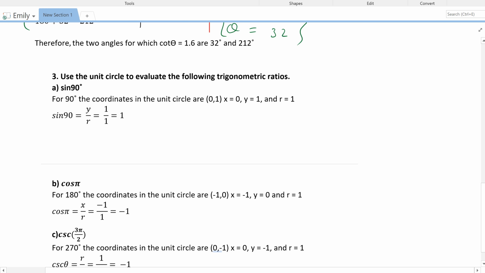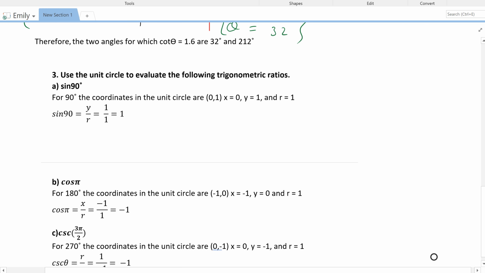Use the unit circle to evaluate the following trig ratios. Sine of 90 degrees, coordinates in the unit circle. In the unit circle, your radius is going to be 1. So y value 1, x negative 1, and y negative 1.